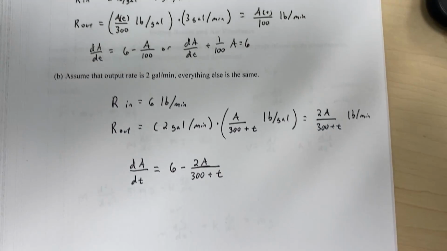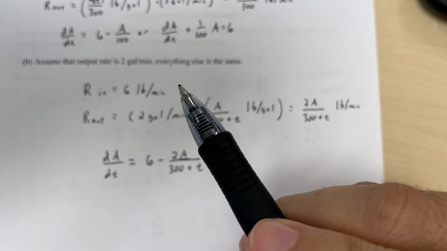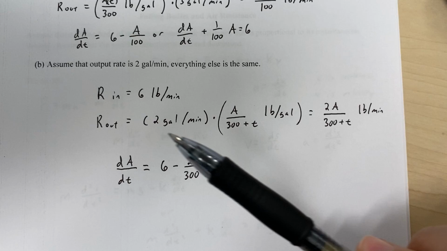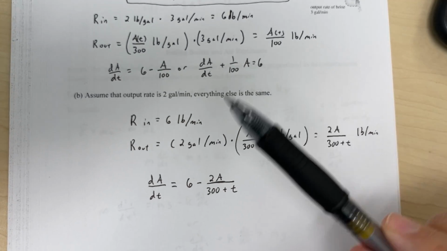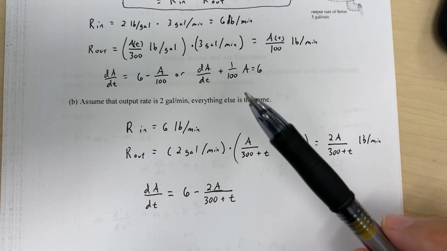Now suppose we have an output rate of 2 gallons per minute, where everything else is the same. So R_in is still 6 pounds per minute, but now our R_out is going to be based on 2 gallons per minute.